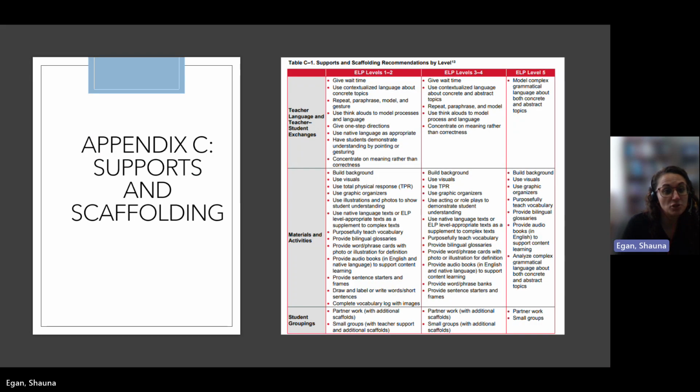You can see that students need a wide range of support in both teacher language and communication, materials and activities, and student groupings. So this is a good handout to have printed out or on hand, just as a reminder of the types of strategies that teachers are going to want to use in class.